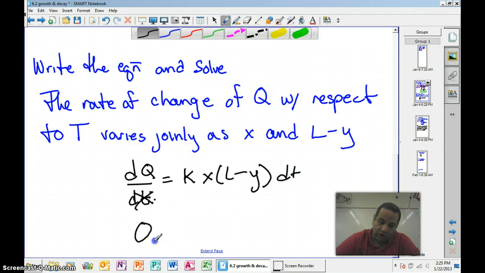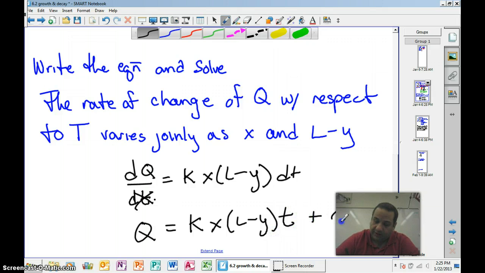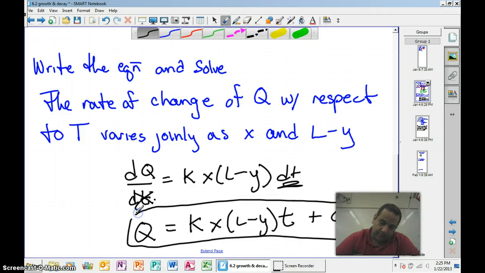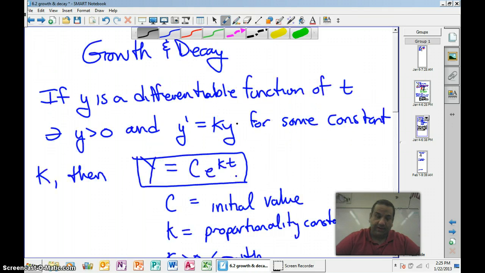All right, and I'll get Q equals k times x times (L minus y) t plus c. Because remember, this is with respect to t, and there's no t here. All right? Any questions? So jointly means to multiply them. All right? When you see that in proportions. So that's one part of 6-2. All right, let's continue.